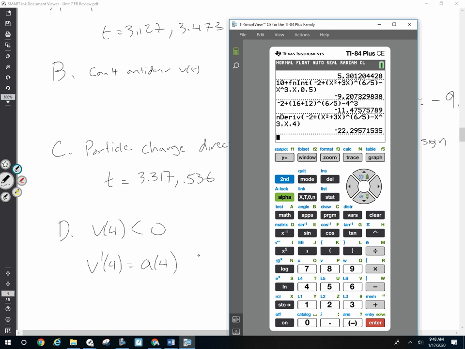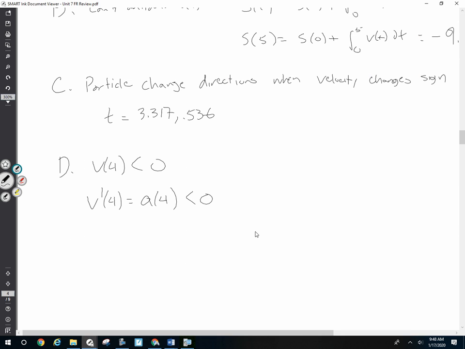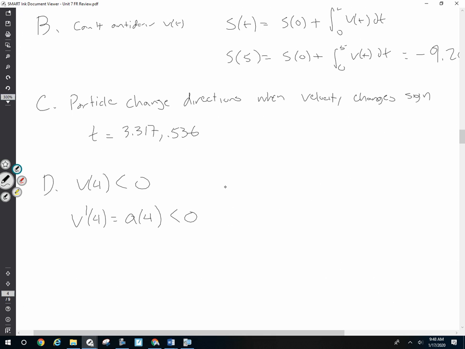It's also negative. So, since my velocity is negative and my acceleration is negative, my speed is increasing.